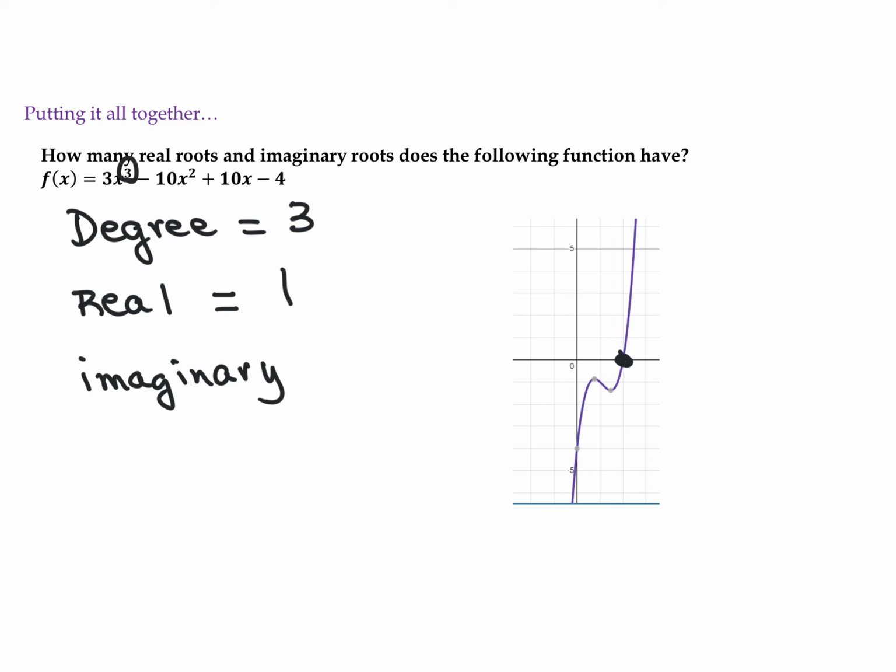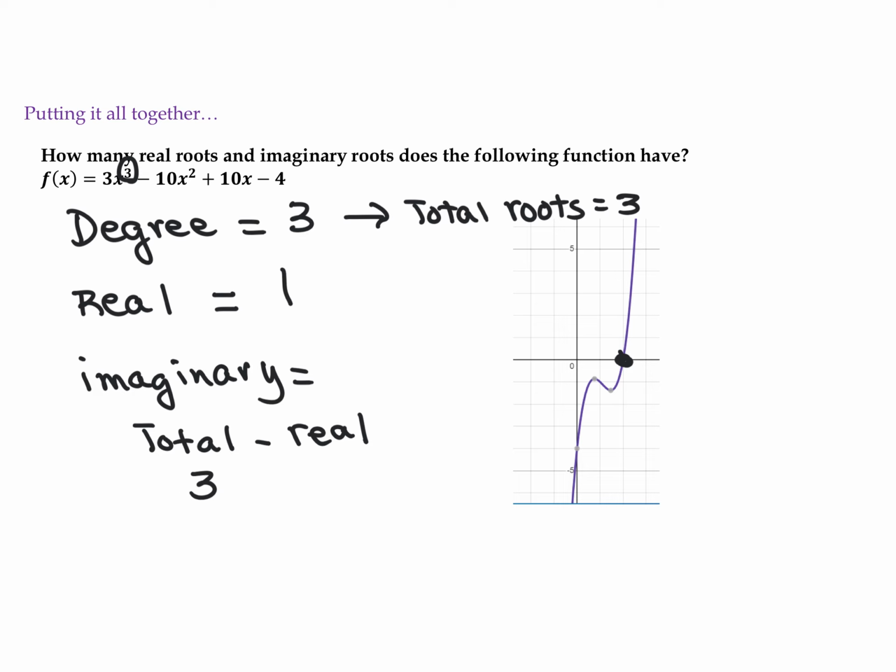Therefore, to get the number of imaginary roots, I'm going to take the total roots and subtract the number of real. The total roots, since the degree was 3, is 3.